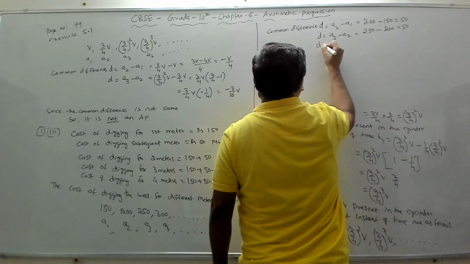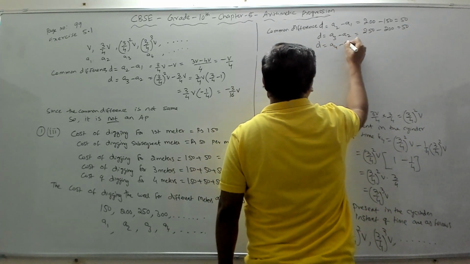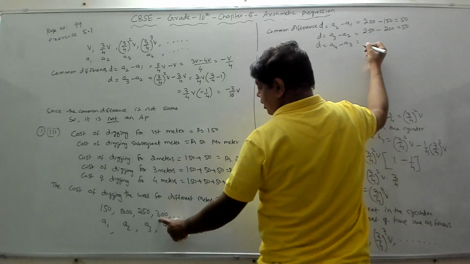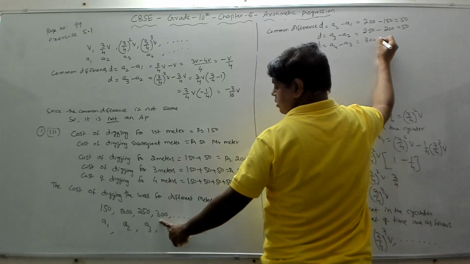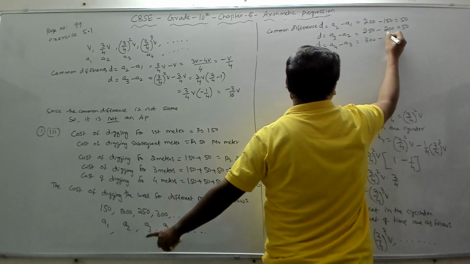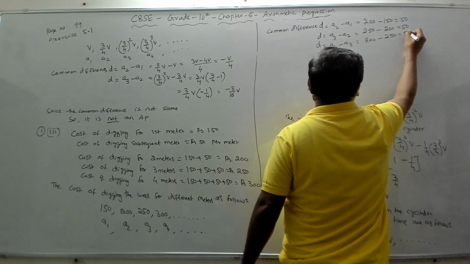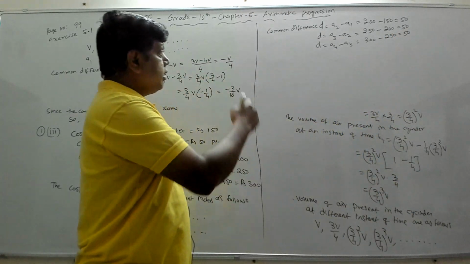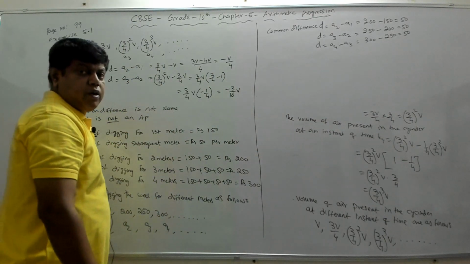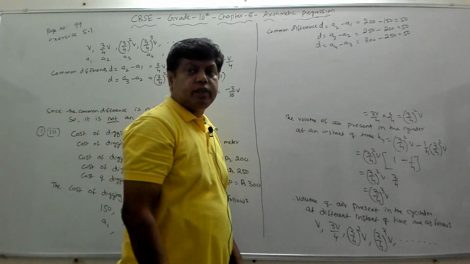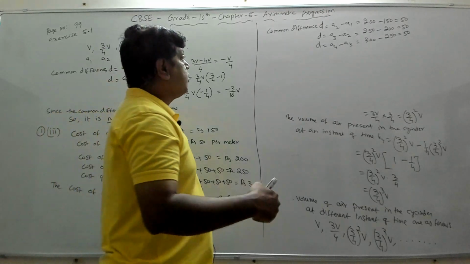Now again, let's take D equal to A4 minus A3. And A4 is 300. So 300 minus 250, that is A3. That gives you 50. Now each one of them, we are getting the common difference as 50, 50, 50, right?